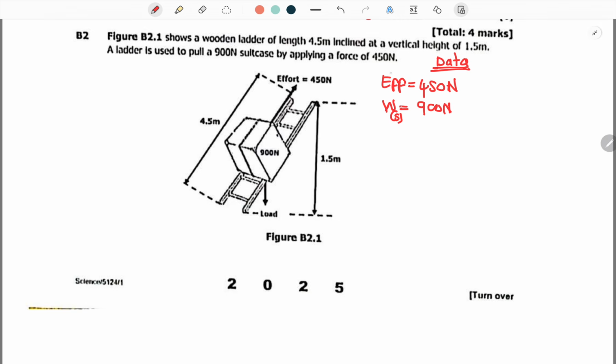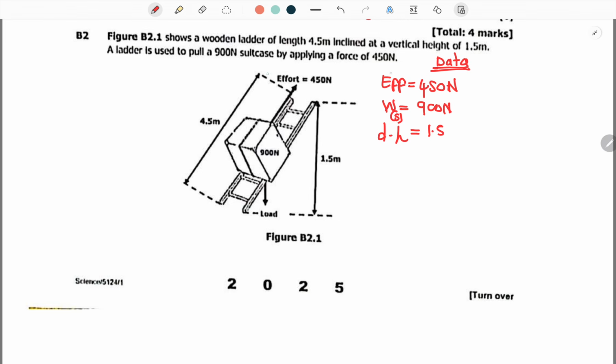Let's recognize what we have. What else do we have? They're saying a vertical height of 1.5. So this is the distance which is being covered by the suitcase, or by the load, which is 1.5. So that's the distance of the load.